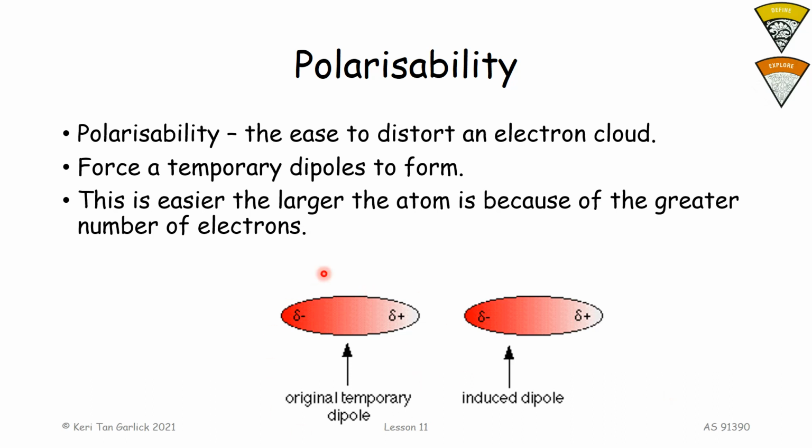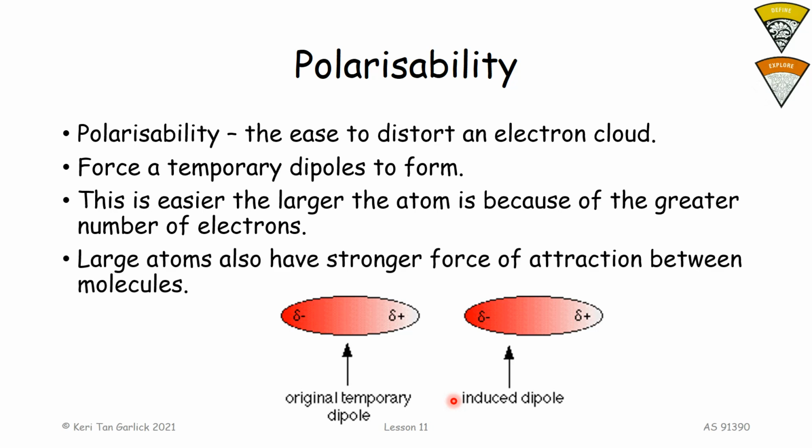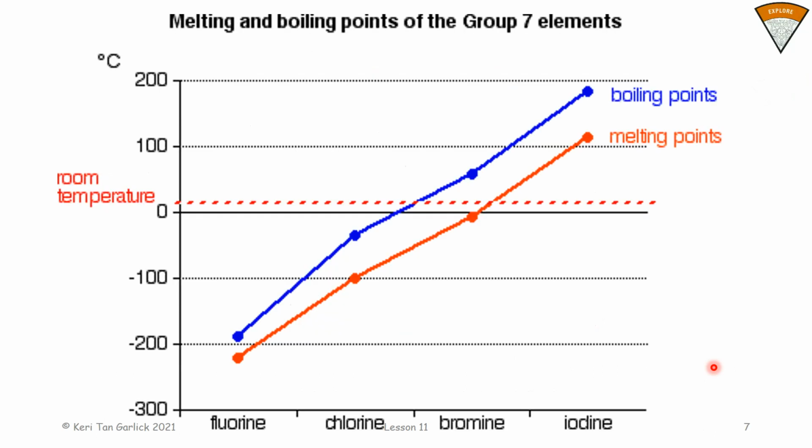So basically, you have your first original temporary dipole that forms, and this is now going to be attracted to the neighboring molecule, forcing it to also form a temporary dipole, basically inducing it to become a dipole. So larger atoms will have a stronger force of attraction between molecules because there are more electrons there that can move to form this temporary dipole.